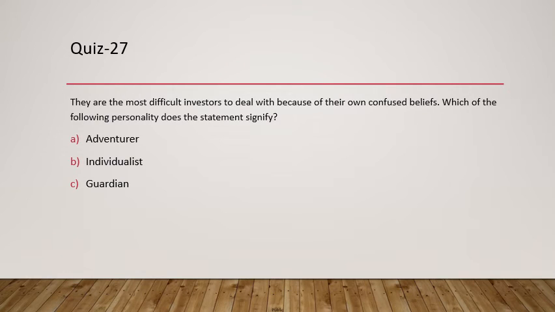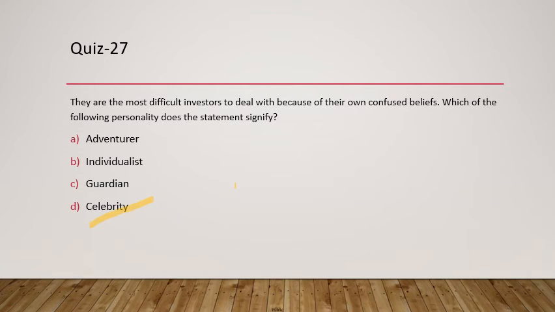They are the most difficult investors to deal with because of their own confused beliefs. Which personality does this statement signify? The statement signifies celebrities, and we need to know that this is the answer here.